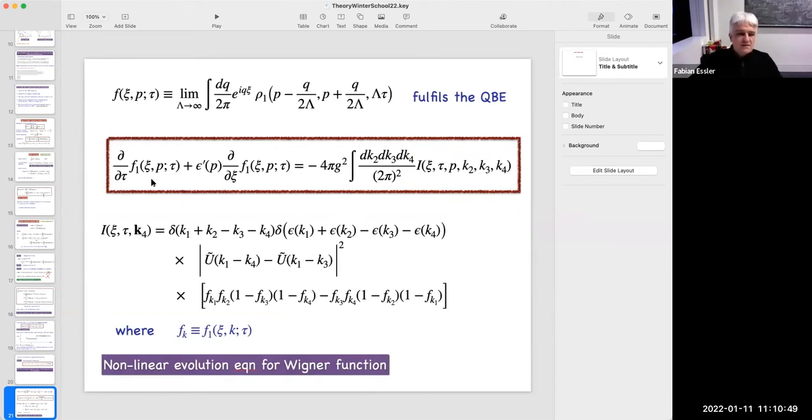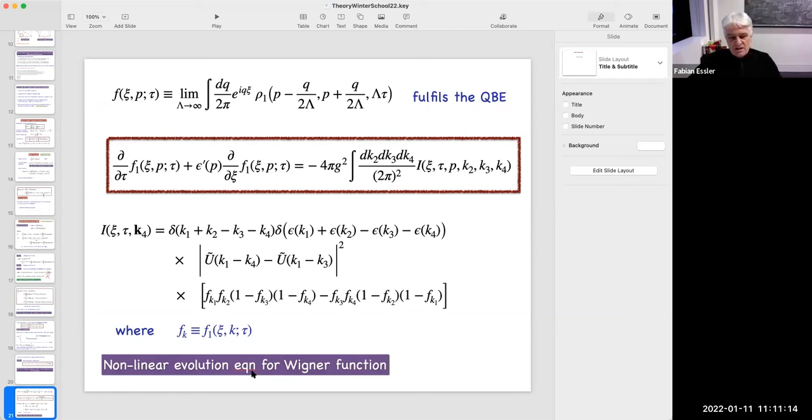So this quantum Boltzmann equation is just an equation for this Wigner function. You have two terms which are linear in the Wigner function, and then you have terms on the right-hand side, called the collision integral, which are quadratic and cubic in this Wigner function.